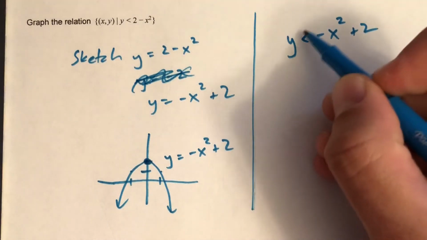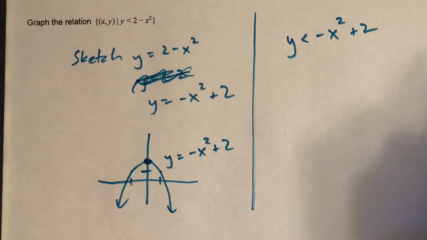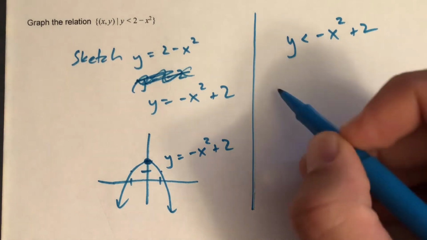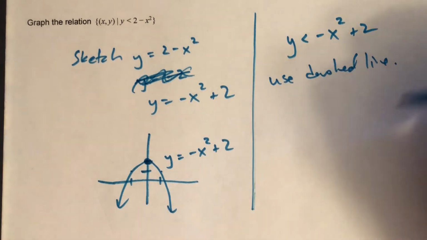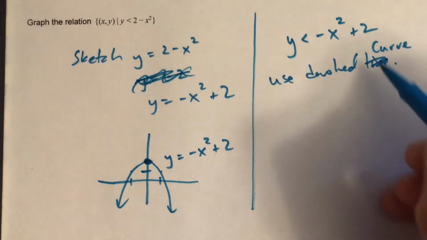So I can't have it be equal, and we've seen this before with our linear inequalities that we had to graph earlier in the semester. We would use a dashed line, or a dashed curve, rather. That'd be more accurate, right?